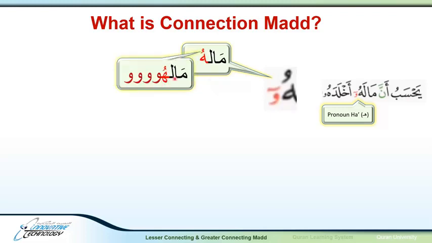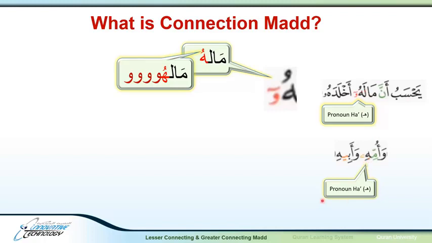We say مَا لَهُ, مَا لَهُ. There is a waw pronounced after the ha. And since there is a hamza after the waw, then we extend or elongate this waw for 4 units, and the waw is given the red color. Now if we take this example, وَأُمِّهِ وَأَبِيهِ, if we look again, there is a ha similar to that.